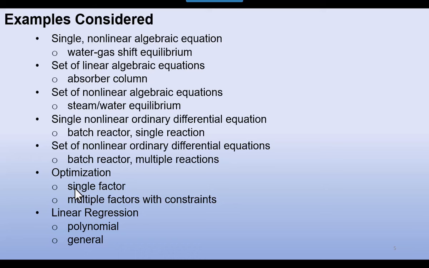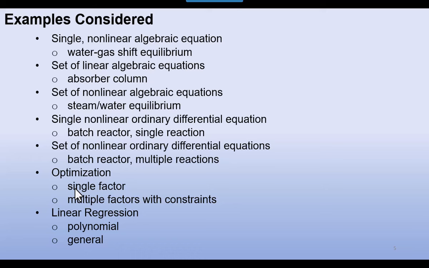We're going to use a simple absorber column for a set of linear algebraic equations. Then we'll deal with a set of nonlinear algebraic equations in computing an equilibrium of steam and water at different pressures and temperatures. And then we will move on to differential equations and consider a batch reactor with a single reaction.